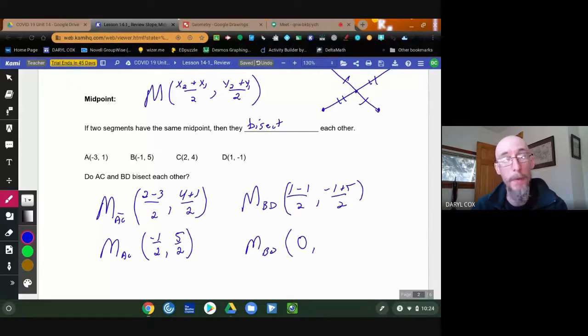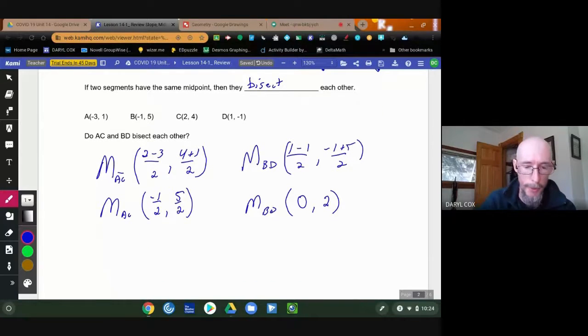And -1 plus 5 is 4, 4 divided by 2 is 2. So here we can say, hey, these two things, they don't have the same midpoint. So no, they do not bisect each other. So AC and BD do not bisect each other.